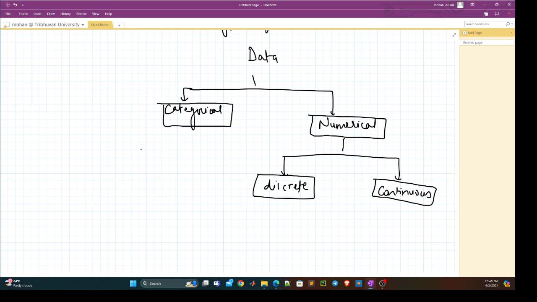Let's see some examples of categorical data. First is marital status, whether you are married or not married. Then political party, eye color.